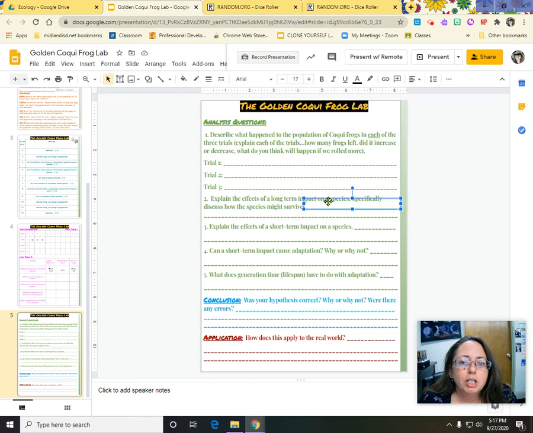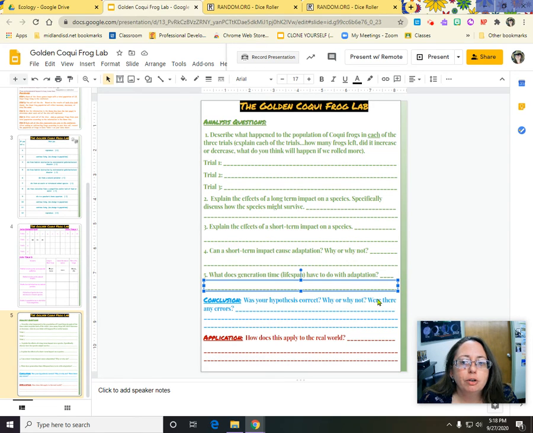During a long-term change, what happens when the species survives? Then it says, explain the effects on a short term. Look in your notes, what happens during a short term, okay? Can a short-term impact cause adaptation? Why or why not? All of this is going to be in your notes, guys, all of it.